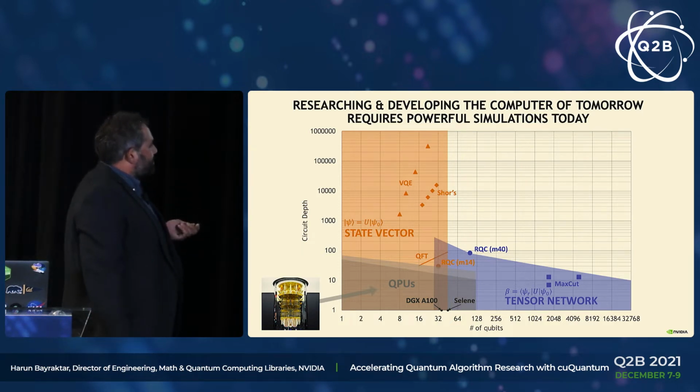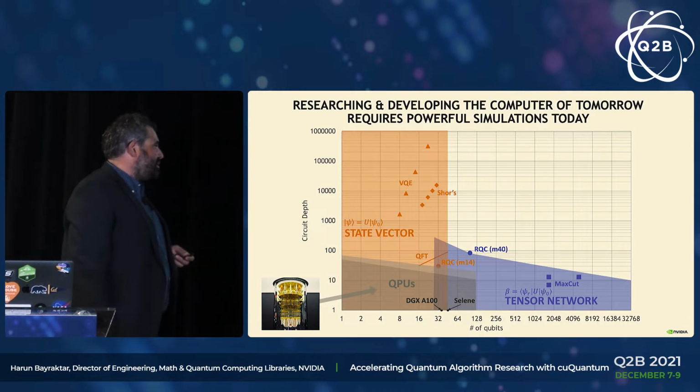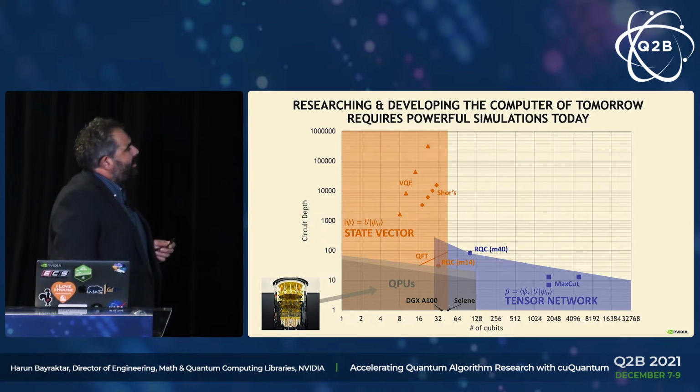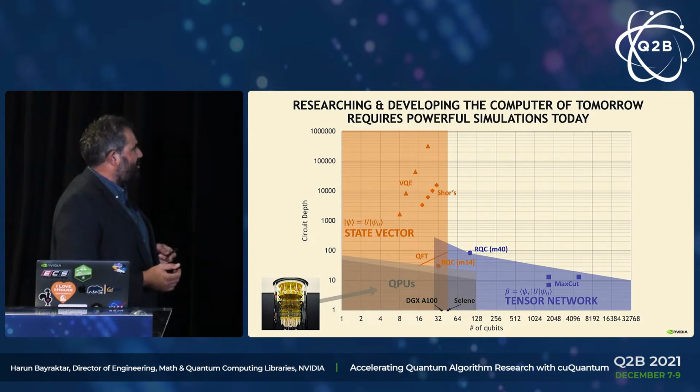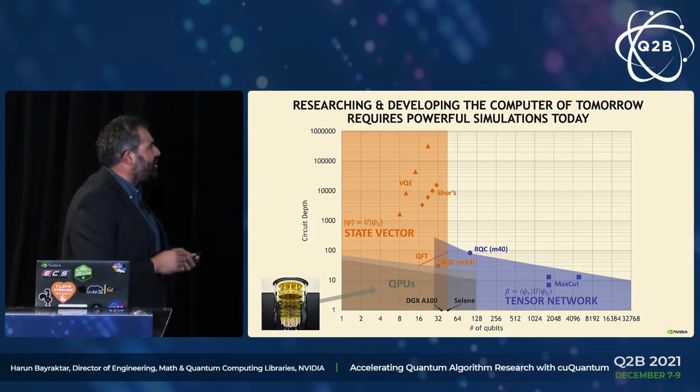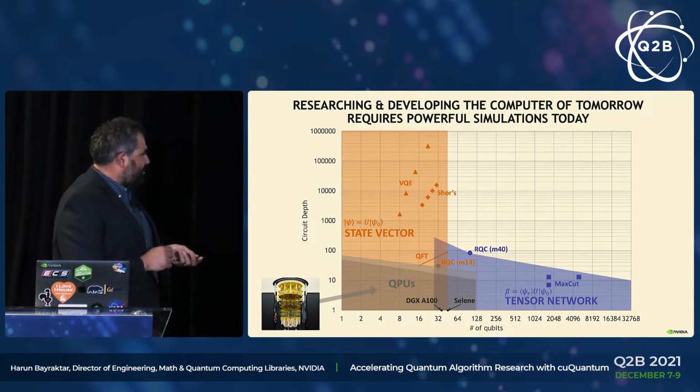The y-axis is circuit depth, and the x-axis is number of qubits. And the purpose of the chart is to differentiate between where state vector simulators and tensor network-based simulators play a role, and actually visually illustrate that they enable algorithm development research, which was the title of this talk, beyond what QPUs are capable of today.